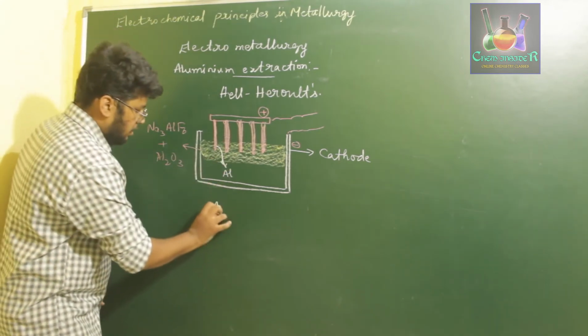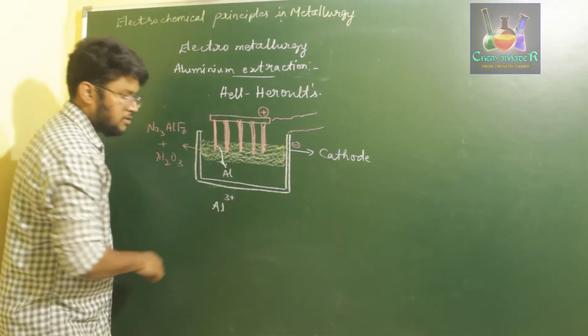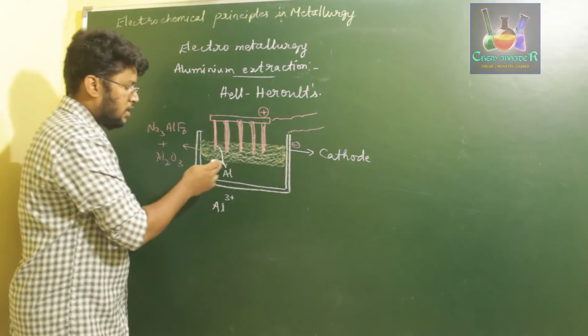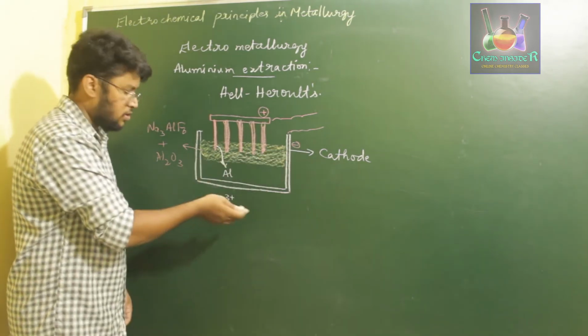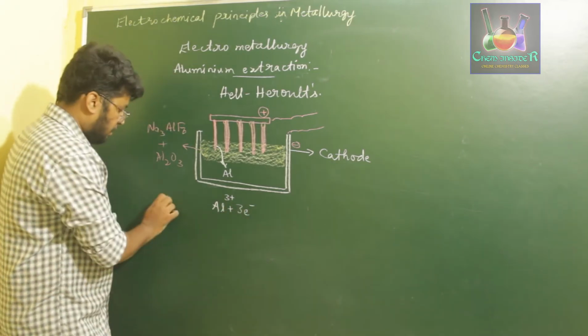In the case of Al2O3, the aluminium is of the type Al3+. So the electrons present in the cathode make this aluminium get reduced. Aluminium gets attracted towards the electrons at the cathode.